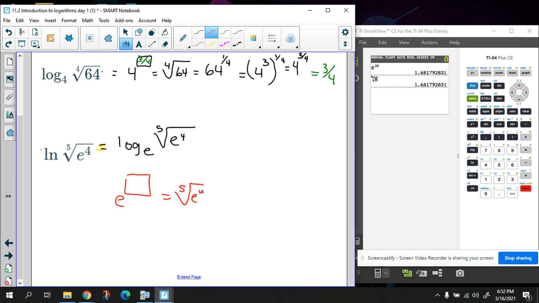Rewrite it in radical form instead of... remember the index number is the denominator, and the power goes up here. And now we have same base, so we conclude that the power would have to be 4/5 to put an equal sign between them. The answer to the question is the exponent. The answer to a logarithm is an exponent.